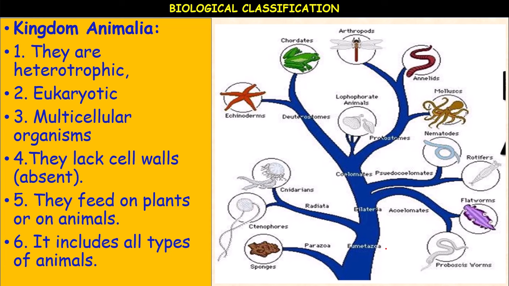Parazoa means primitive multicellular sponges, just as cellular organization is started. Eumetazoa means true multicellular organisms. So, flatworms like that, both vertebrates and invertebrates, all animals are included in the kingdom Animalia.